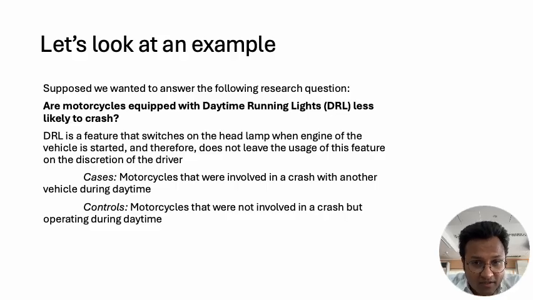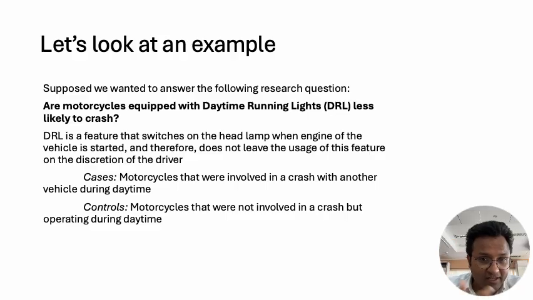So our exposure in terms of a case control study is daytime running lights. So, as I said, it improves the visibility of a motorcycle for other users. So, the cases that we define are the motorcycles that were involved in a crash with another vehicle during daytime. So, the crash is happening during daytime, and it is also a multi-vehicle crash.